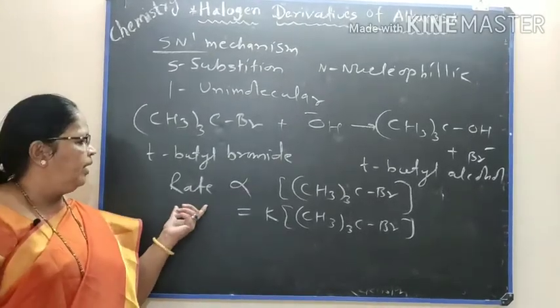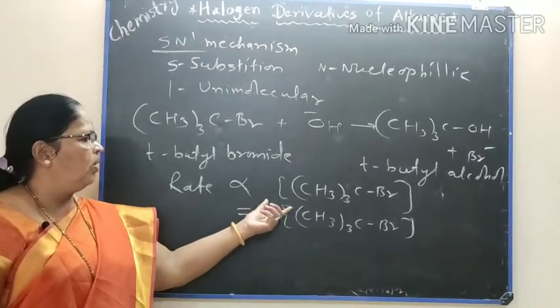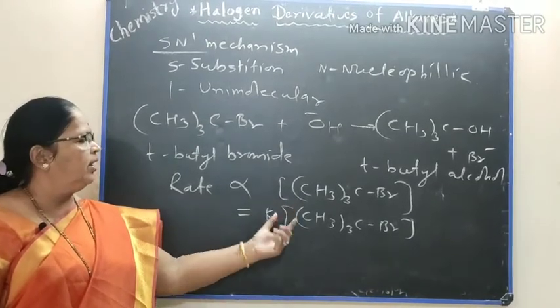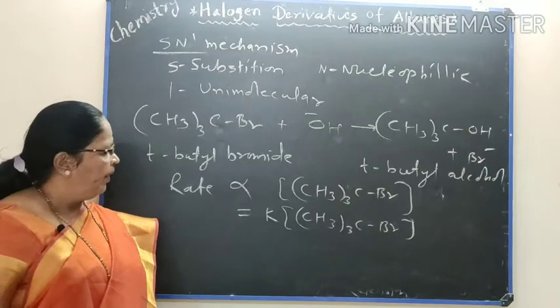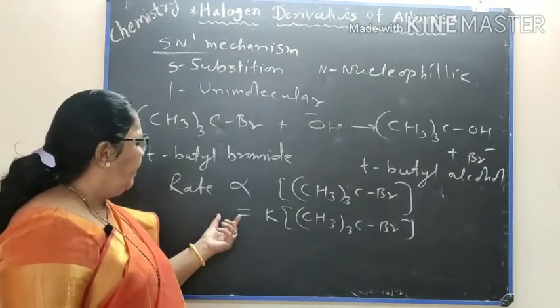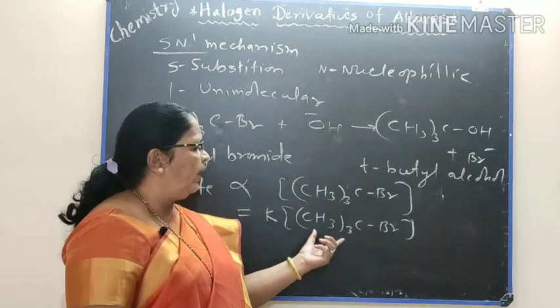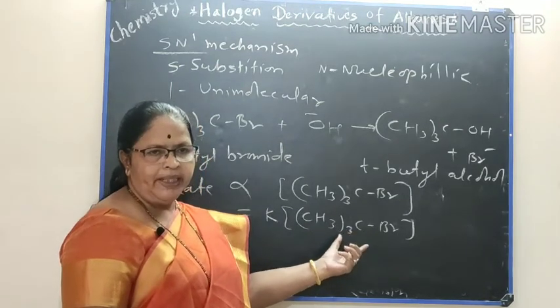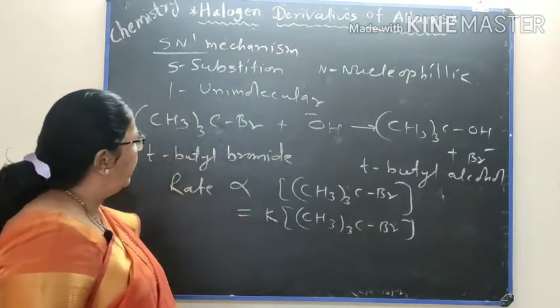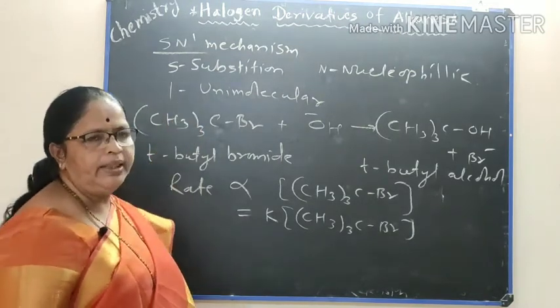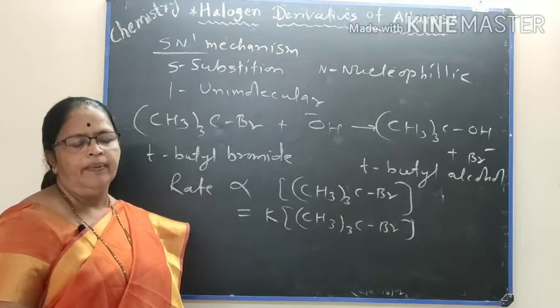Rate of reaction is directly proportional to the concentration of only one reacting species, such as tertiary butyl bromide, so it is called unimolecular. Why is this reaction called unimolecular?